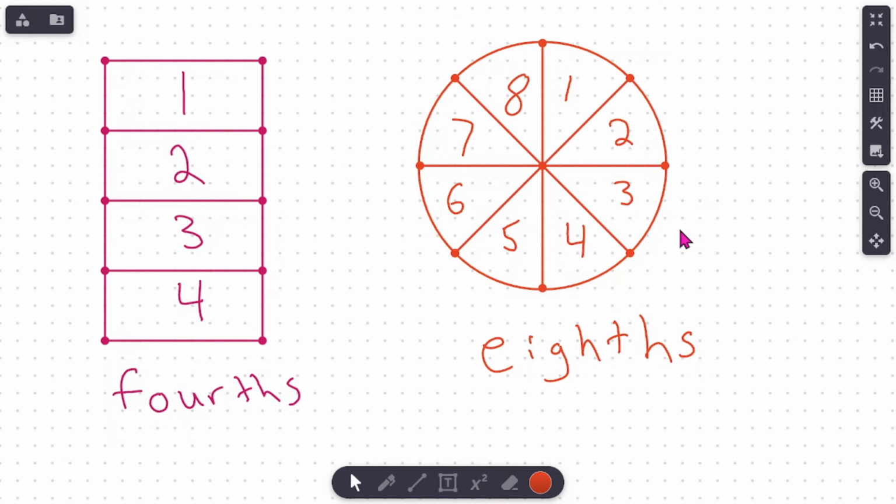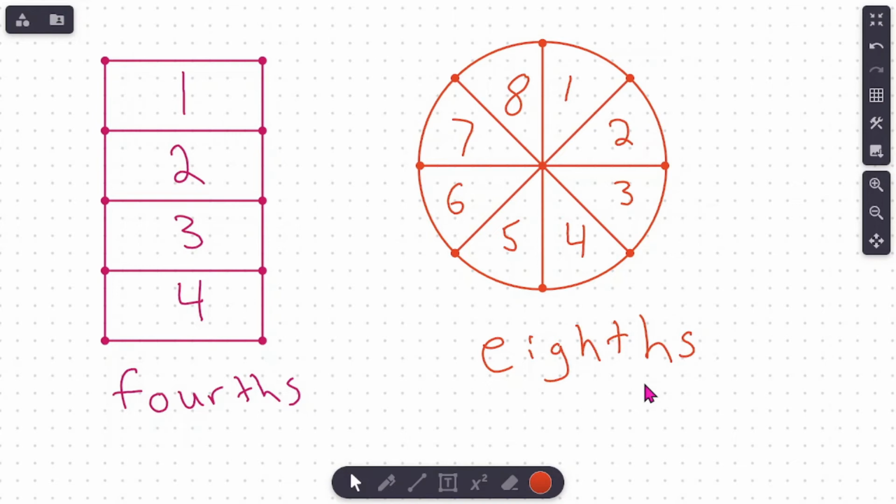Anytime I see a circular shape, my mind just goes to pizza. Let's say we were at a party, and this pizza was cut into 8 equal slices. That means that it was cut into eighths. Eighths.